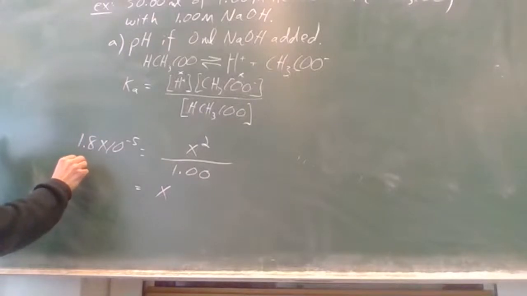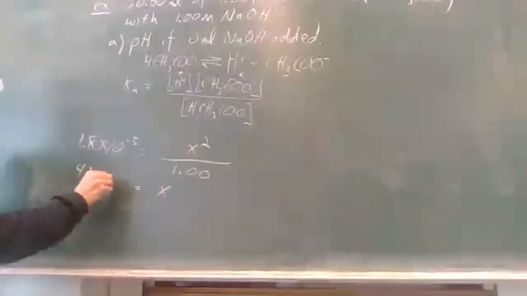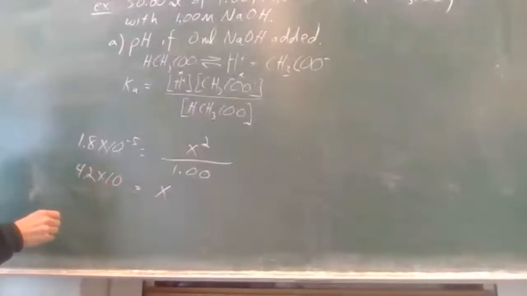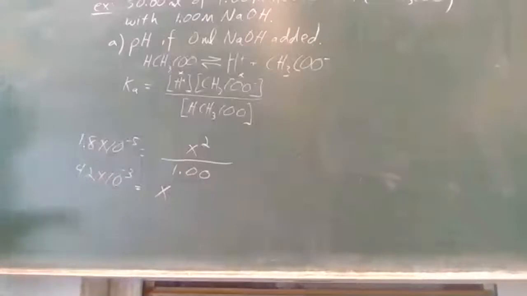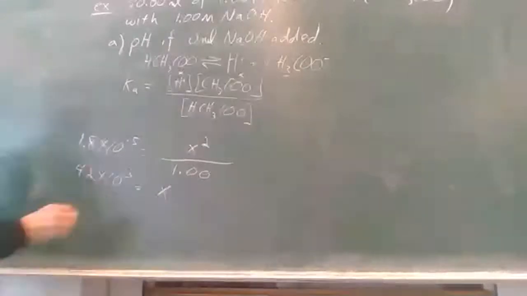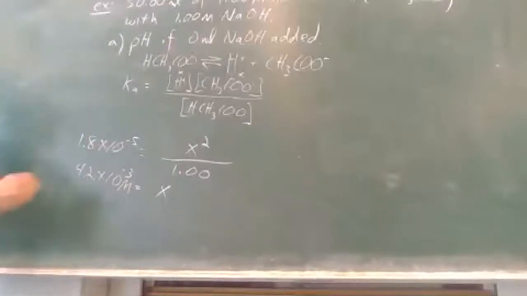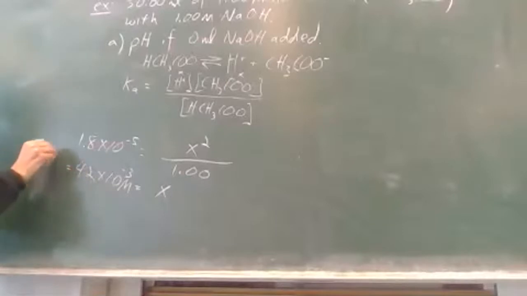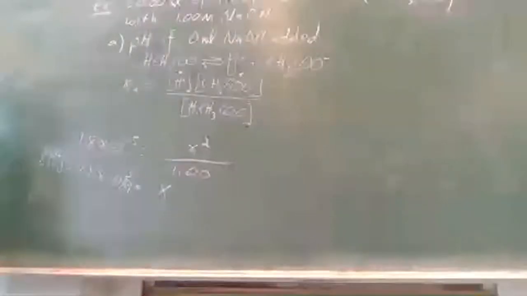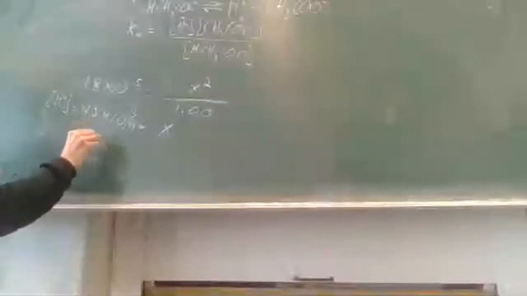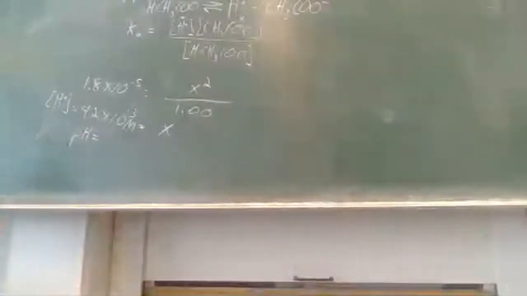So can we just say 4.24 times 10 to the negative 3? Let's see if others got the same thing. More or less? Okay, good. And that's going to be what now? That's molar. And we found what important thing? Because I want to label it as such, Alex. Good. Now, could everybody take the negative log of that and let me know what the pH is? I won't write negative log because I think now you know how to do that successfully.